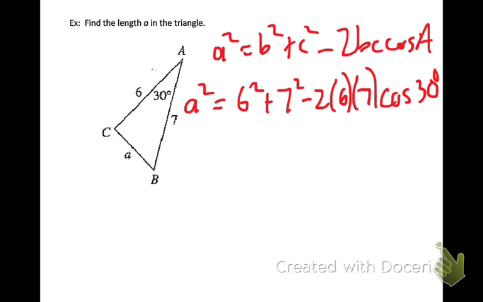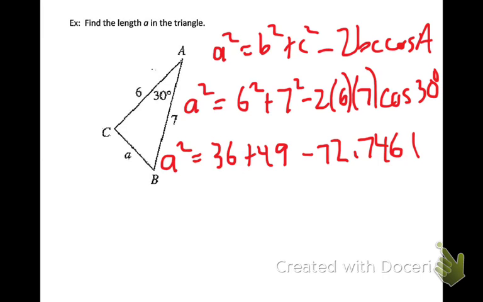So then we plug in and we get a squared equals 36 plus 49 minus, you calculate that value, you should get 72.7461.